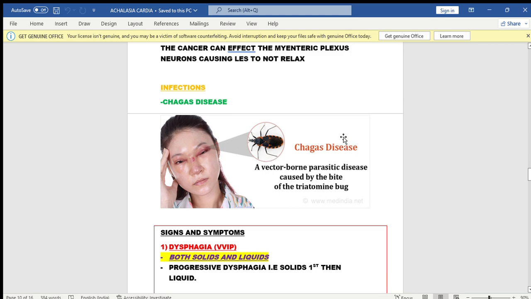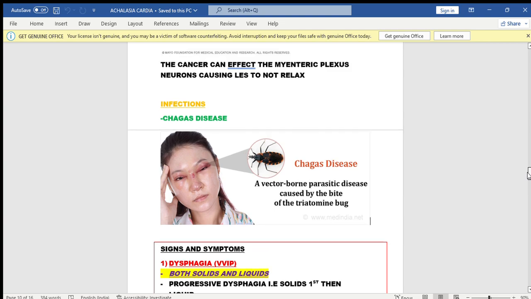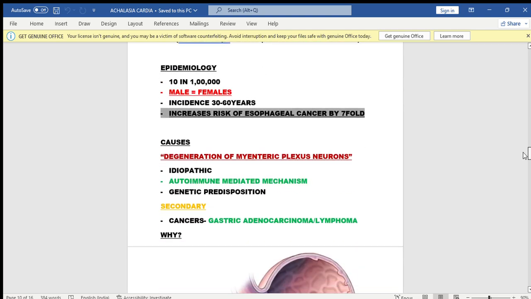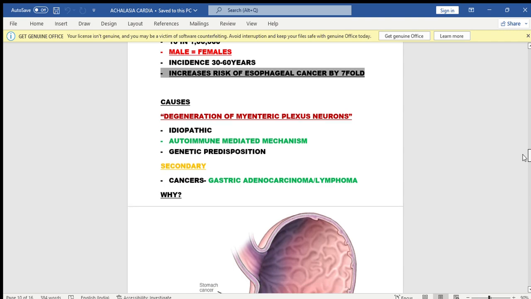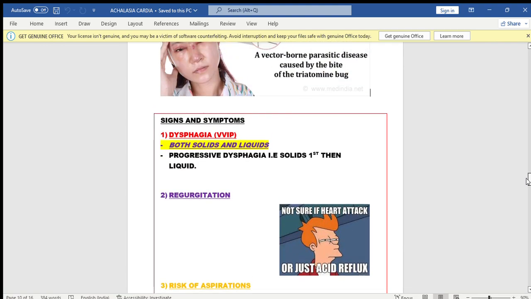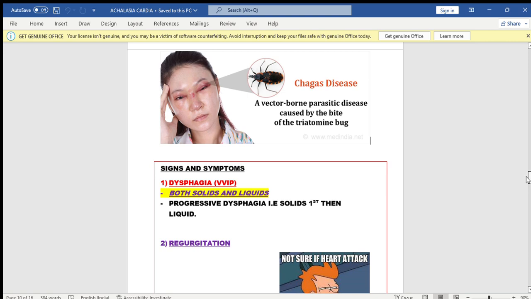Due to some mechanism which is involved with this parasite, we get achalasia cardia in patients who are suffering from Chagas disease. So causes are pretty simple: idiopathic, autoimmune mechanisms, genetic predispositions. Secondary causes can be cancers like adenocarcinoma of the stomach and lymphomas, and infections, you have Chagas disease. Chagas is a parasitic infection which is commonly caused by a bug, the triatomine bug. Okay.